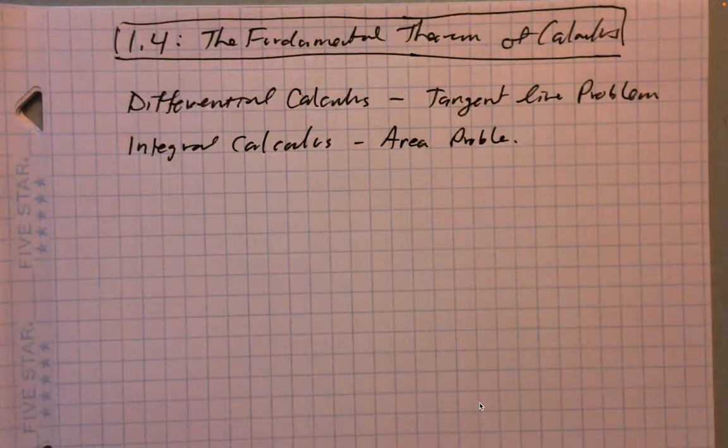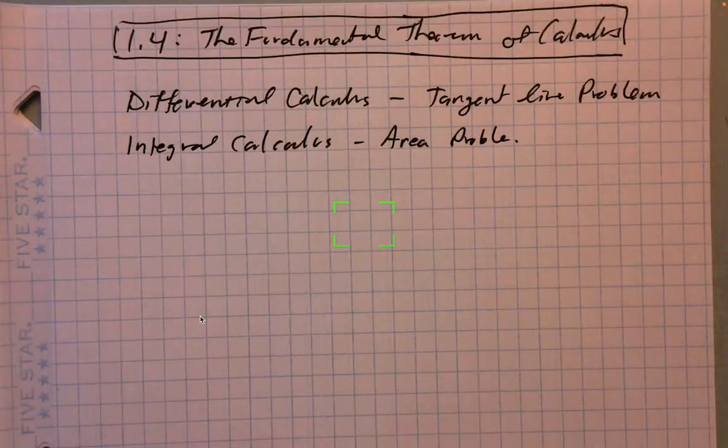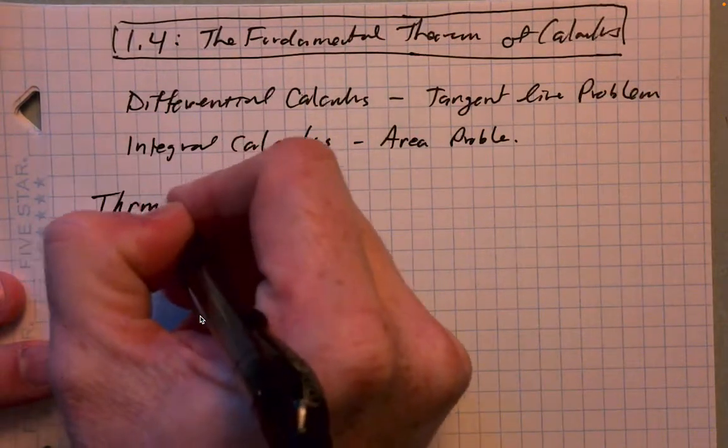Okay, so being able to find the area under a curve, above the x-axis. So the fundamental theorem of calculus, as we'll see in a moment, is the bridge between these seemingly distinct concepts. Okay, so let's go ahead and jump into it.